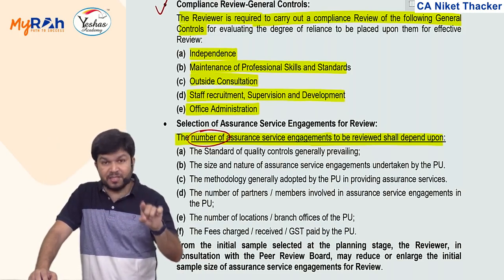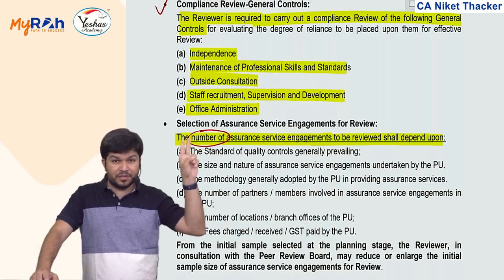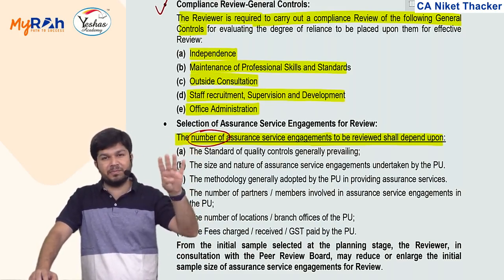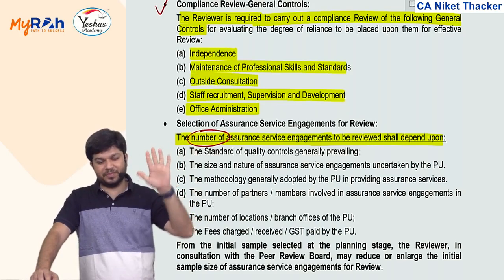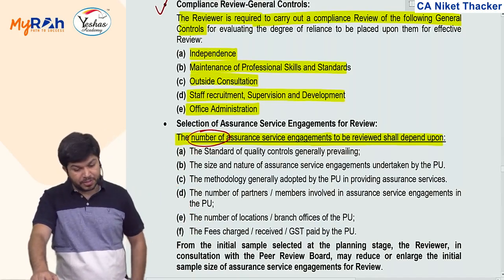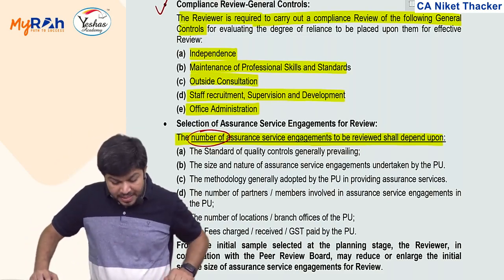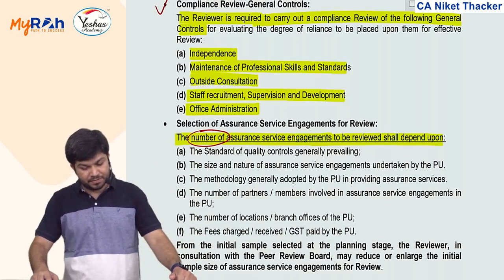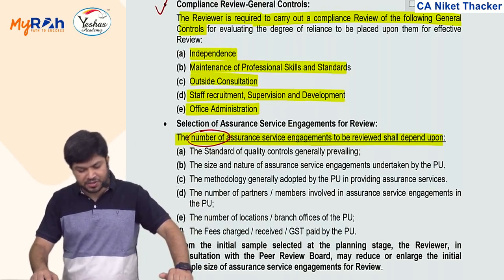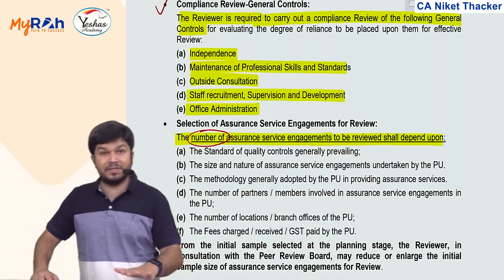Controls relating to independence, maintenance of professional skill and standard, whether you take outside consultation or not, staff recruitment, supervision, development, office administration. And the number of assurance services which will be reviewed depends on how your controls are, size and nature of assurance engagement, methodology adopted, number of partners, number of locations, fees charged, GST paid, etc. All that I will see.